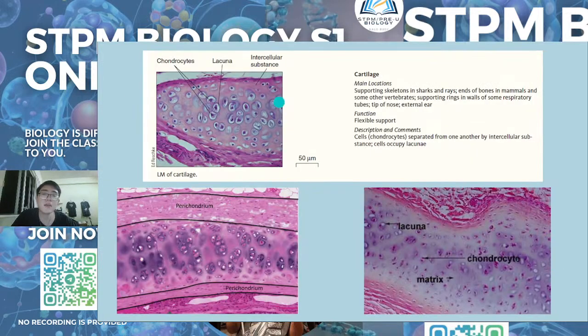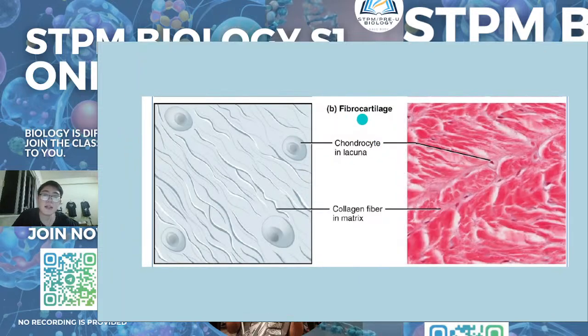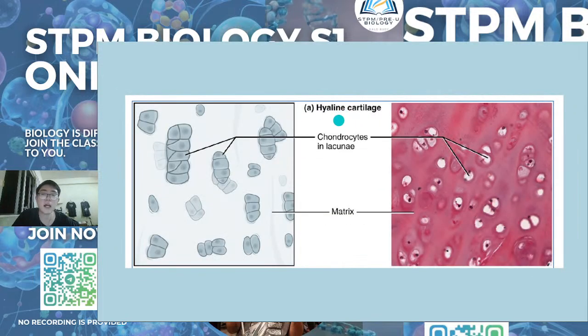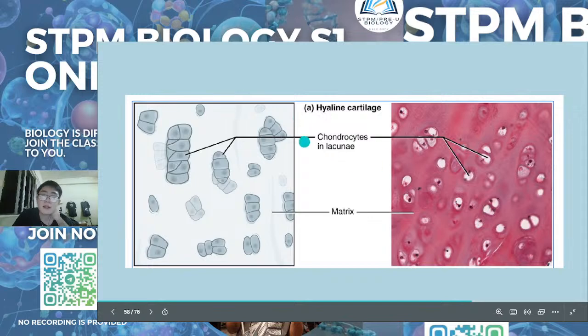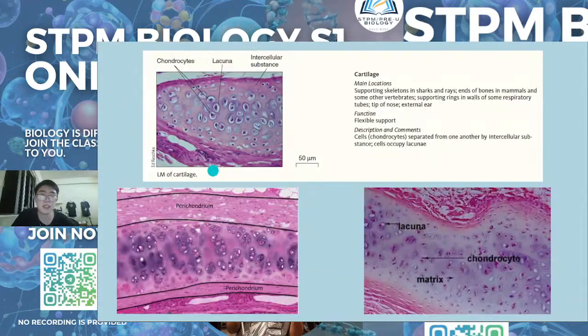And then we have three types of cartilage: hyaline cartilage, fibrocartilage, and also elastic cartilage. So hyaline cartilage, I think this one is the example given in your Oxford book, right? So actually, yang ni awak kena tahu lah. Yang ni adalah hyaline cartilage, the general type that you see like this lah.